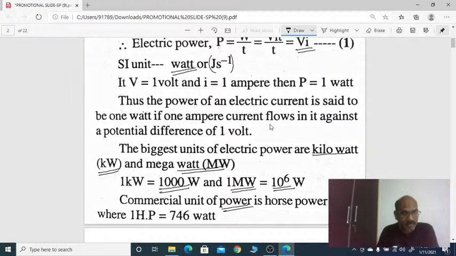Yesterday we discussed that the commercial unit of electrical energy is kilowatt hour. But here, power unit is watt, bigger units are kilowatt and megawatt. Kilo is 1000, mega is 10 power 6. The commercial unit of power is horsepower. 1 horsepower is 746 watt.